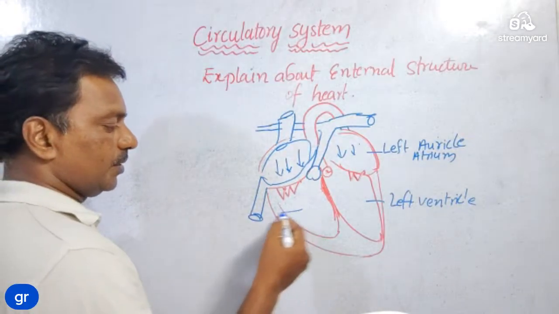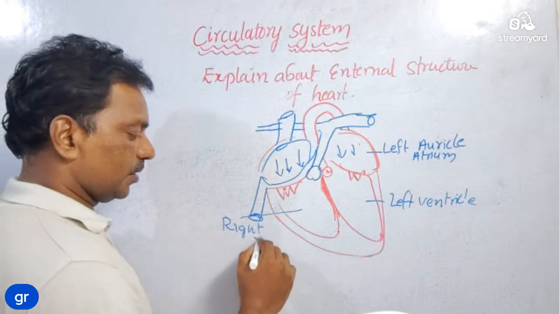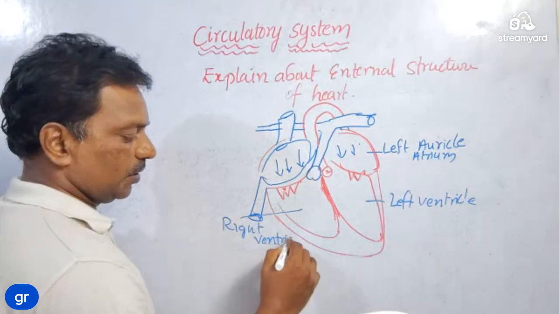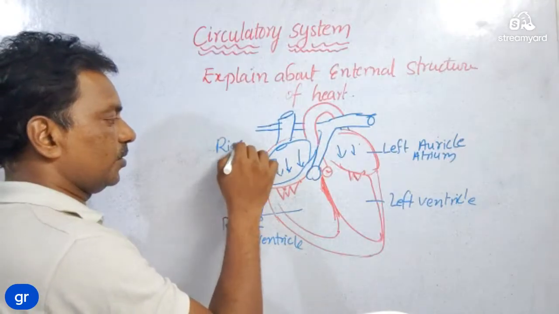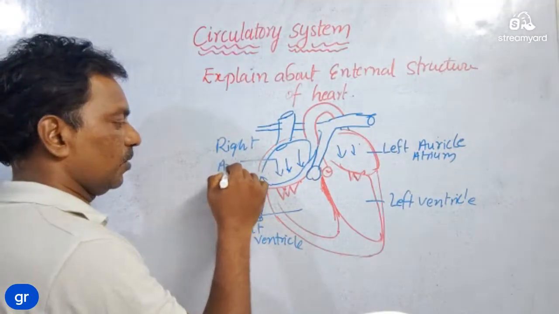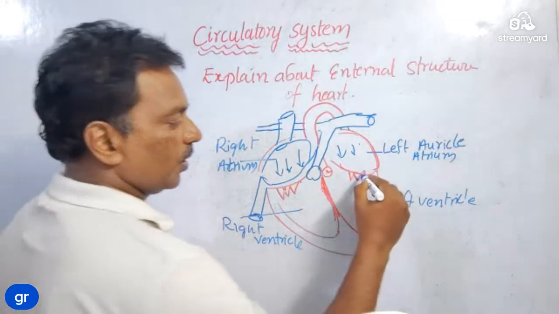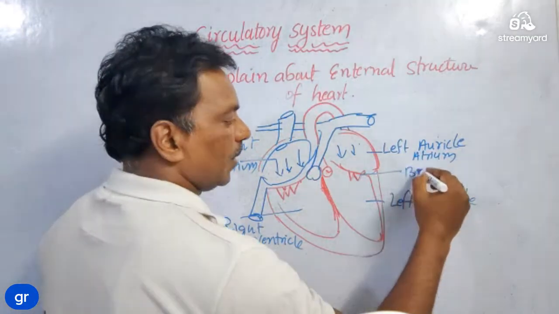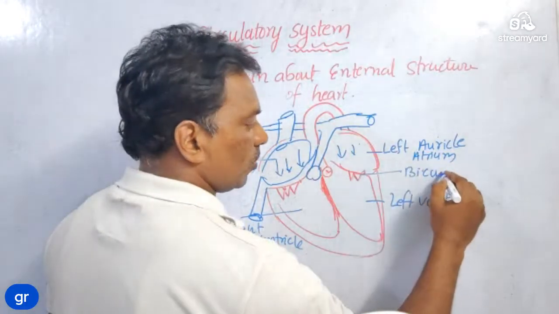This is the right ventricle, right atrium. This is the bicuspid.